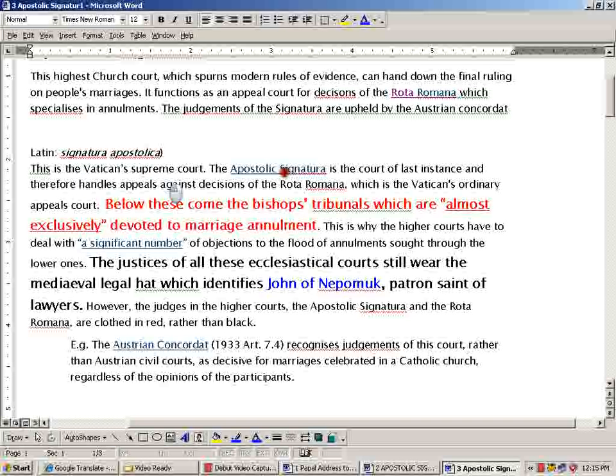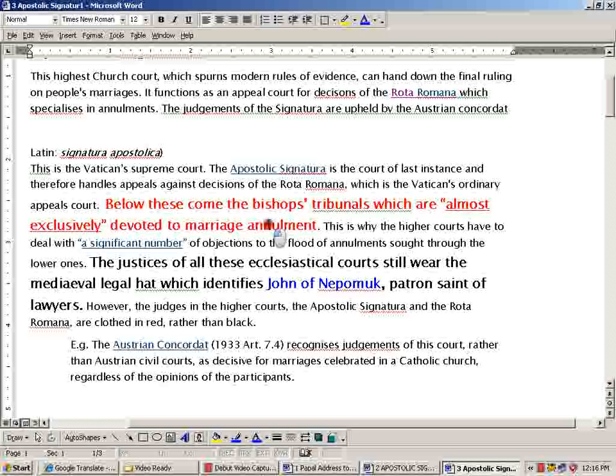The Apostolic Signatura is the court of last instance, therefore handles appeals against decisions of the Rota Romana, which is the Vatican's ordinary appeals court. Below these come the bishops' tribunals, which are almost exclusively devoted to marriage annulment. So the bishops' tribunals are almost exclusively for marriage only. That's why they don't seem to have any idea about this other stuff. They're just there to handle the marriage annulments.